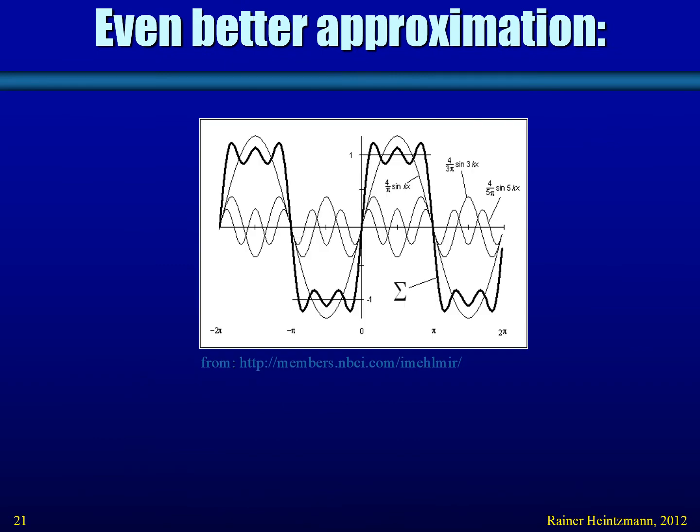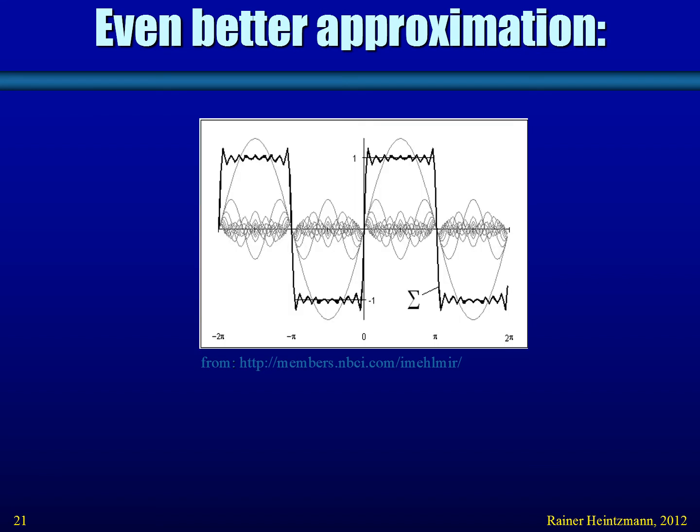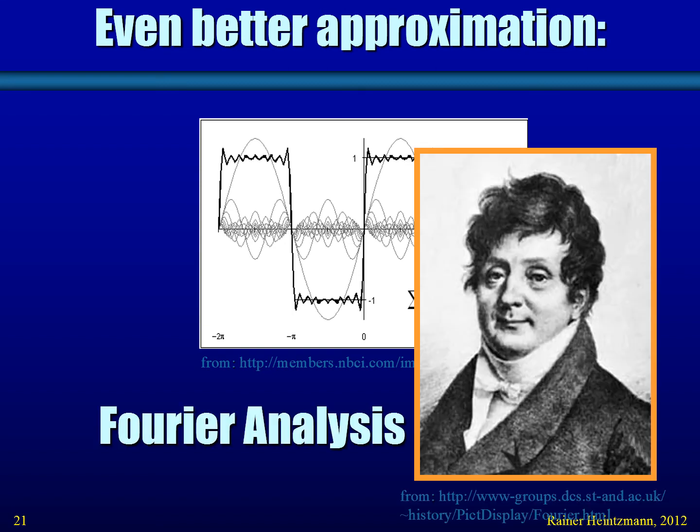And what you see here is the same thing with a few higher orders. So you see here, the more of these sine waves you're adding up, the more detailed can you reconstruct your original sample. And this idea was invented by Jean-Baptiste Fourier, and you see a picture of him here, and we will Fourier transform him a little later.